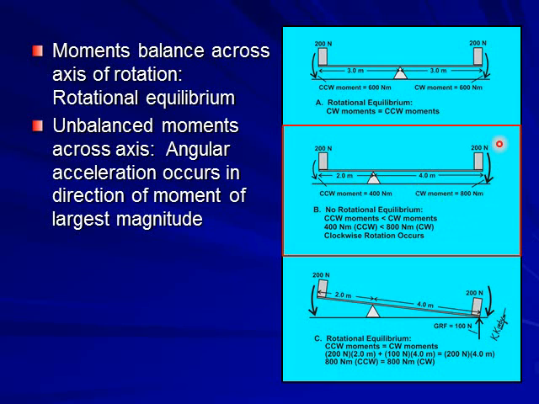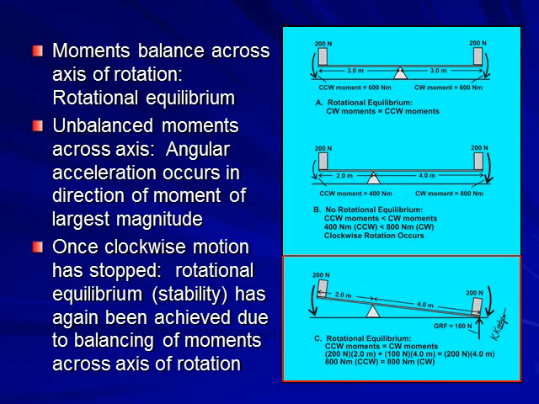This creates an unbalanced moment situation where the clockwise moments on the right are 800 Newton meters and the counterclockwise moments on the left are only 400 Newton meters. Because the clockwise moments are now larger than the counterclockwise moments, we are going to produce an acceleration of the seesaw board into a clockwise rotation, and this is not a situation of rotational equilibrium because we have an unbalanced set of moments.